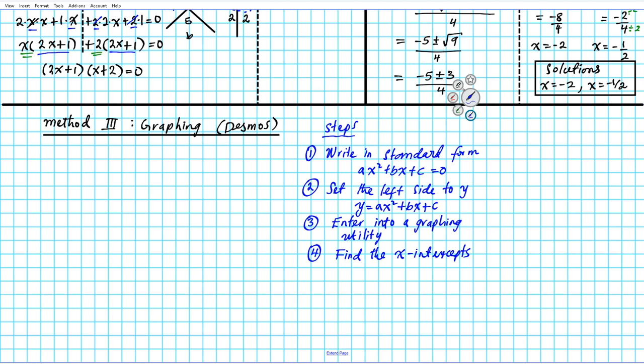So the original problem that we had is 2x squared plus 5x plus 6 equals 4. So we're going to put it in standard form like we did for the other two. To do that, we're going to subtract 4 from both sides, so it's equal to 0.